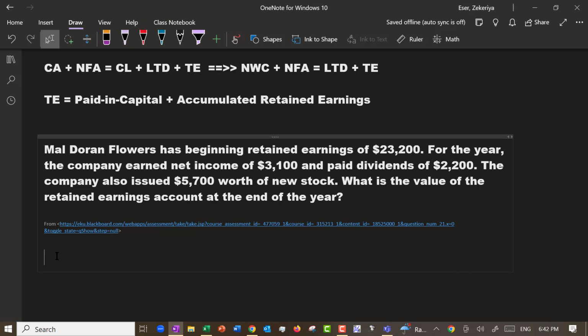Now, first of all, here's how retained earnings evolve. Retained earnings beginning plus net income minus dividends.